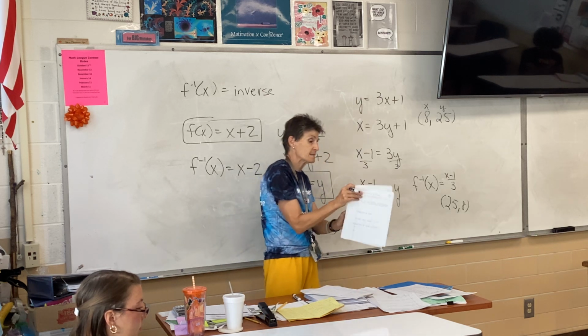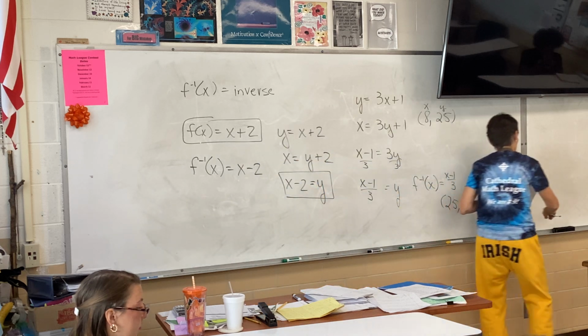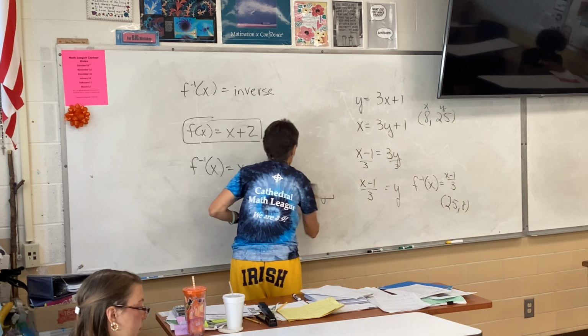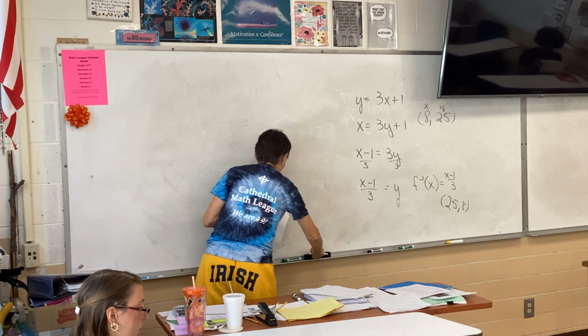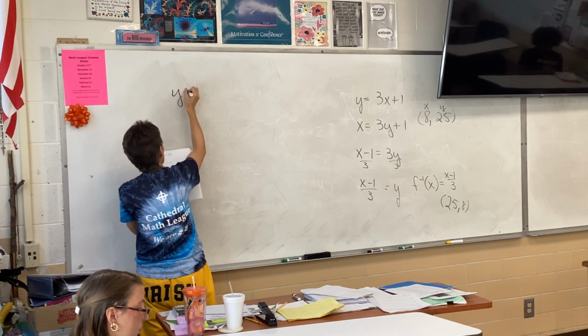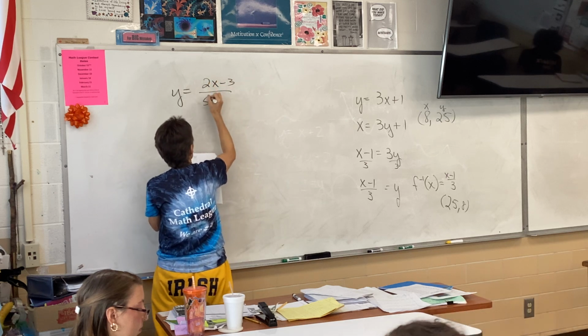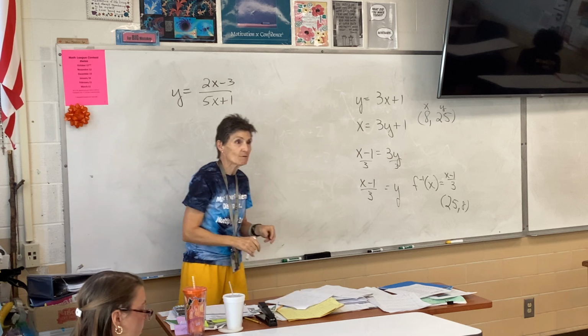Okay. What does C look like? Oh boy. C is a little bit tougher. You can handle it though, I'm confident. So let's walk through our steps here. So I'm finding the inverse.